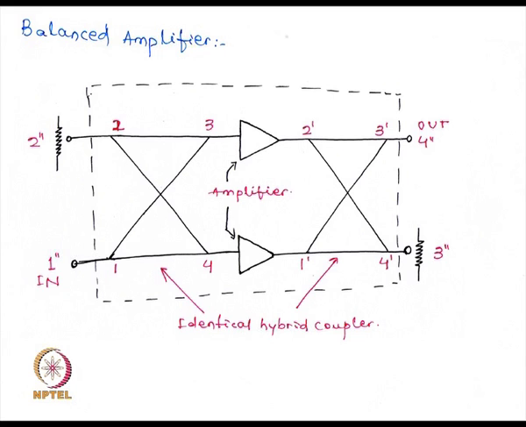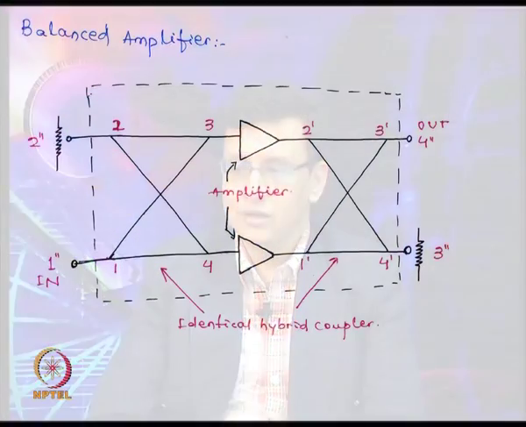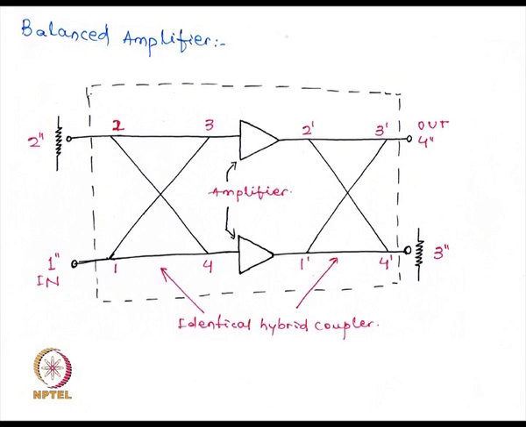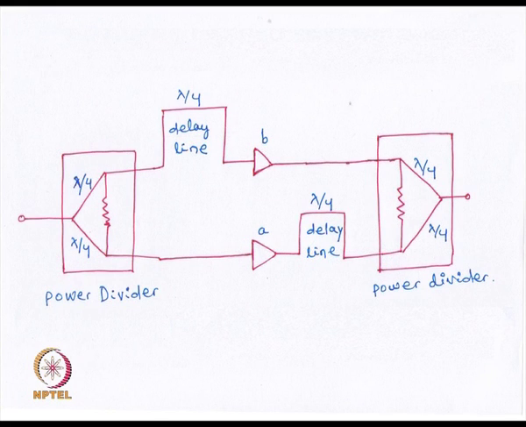However, the reflected waves will come back only at port 2 double dash. This we had already discussed while discussing the applications of couplers. So the purpose of the balanced amplifier is that since for a very wide range of frequencies the reflected waves will end up only at port 2 double dash, we can achieve a very broadband impedance matching. The output impedance also can be matched over a very broad band by similar logic.